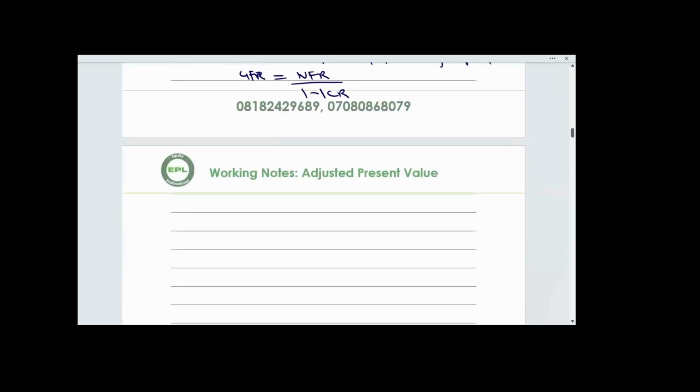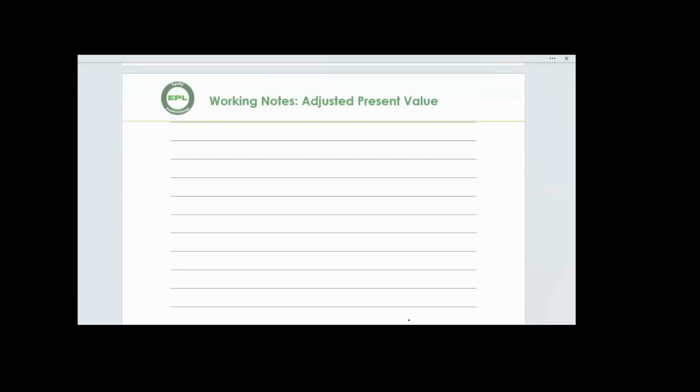Then step 3 now. Step 3, you need to calculate present value of issue cost. You only calculate present value of issue cost if in the question you are given issue cost.